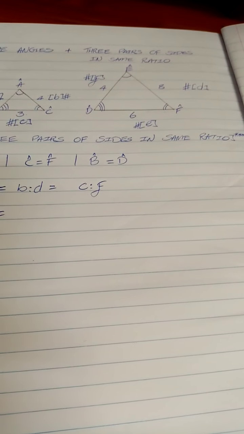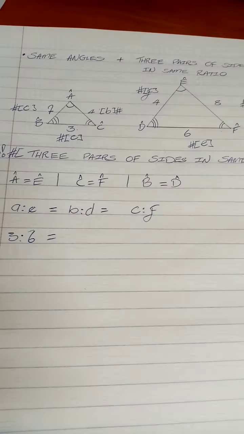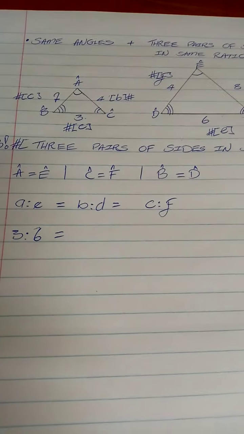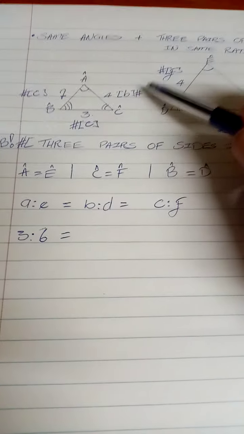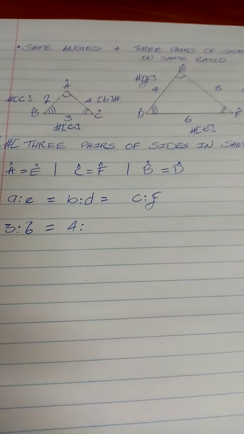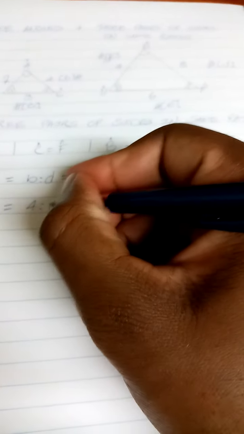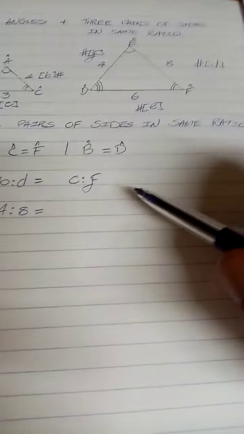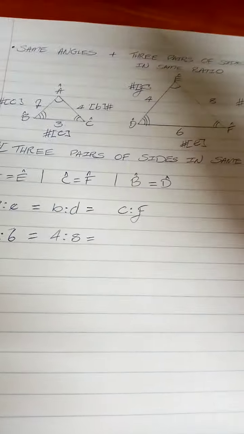Okay, so now we actually found the sides. Hope this is not confusing much, but anyway, so that means B, which is 4, to the ratio of D, which is 8, and C right here, which is 2.